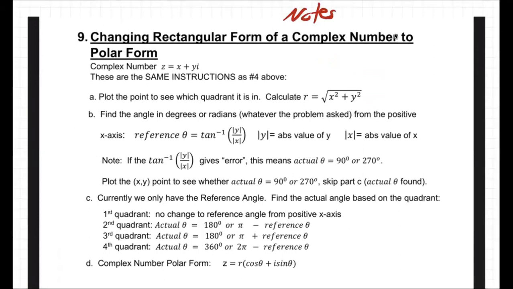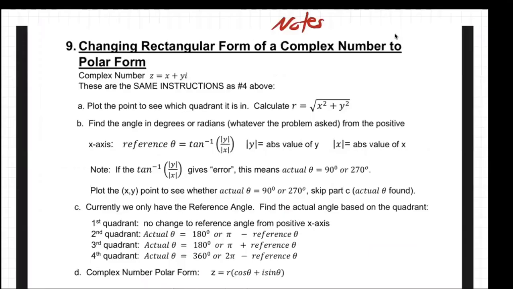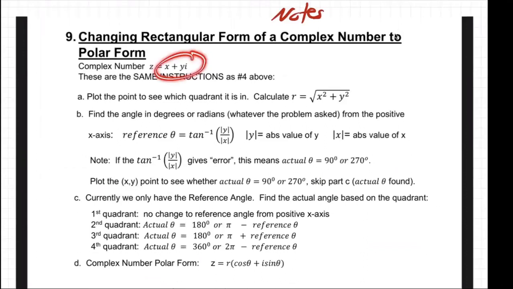And it says changing rectangular form to polar. What do we do? Plot the point to see which quadrant it is and calculate r equals the square root of x squared plus y squared. So let's plot. Now remember, the complex number is z equals x plus yi.